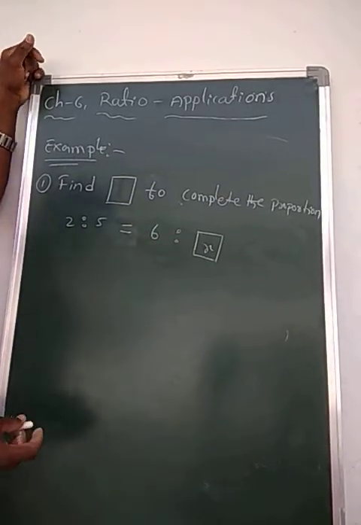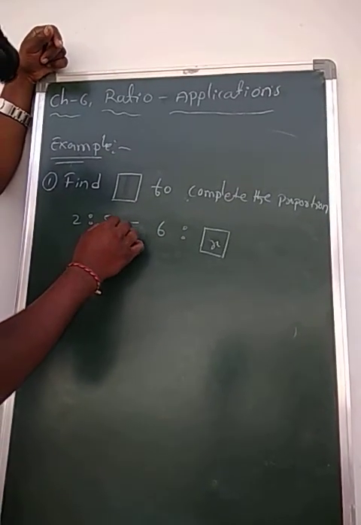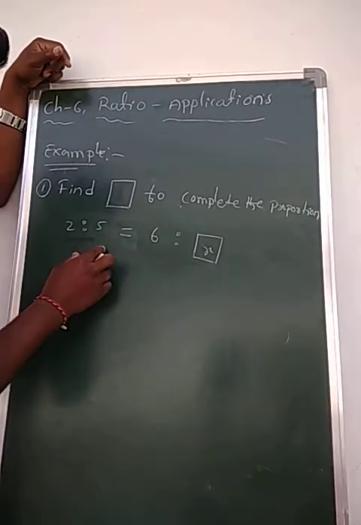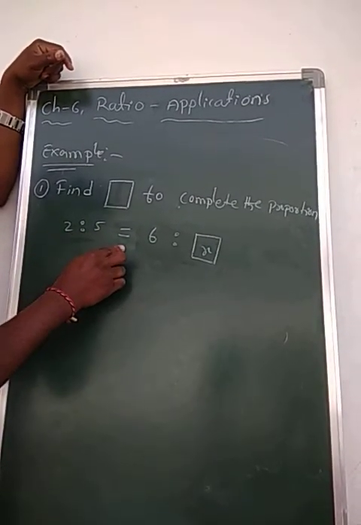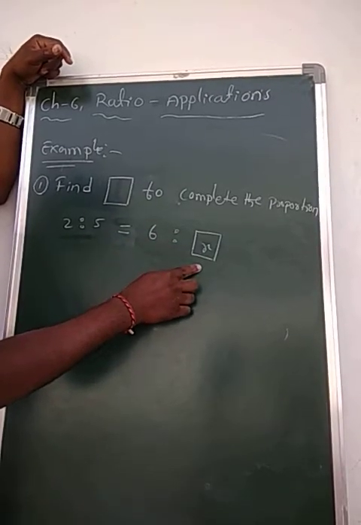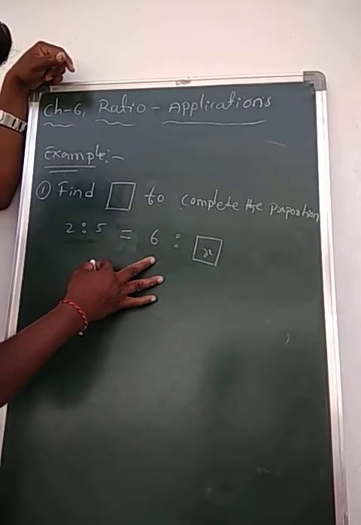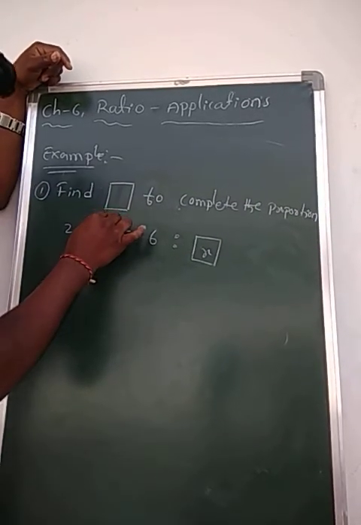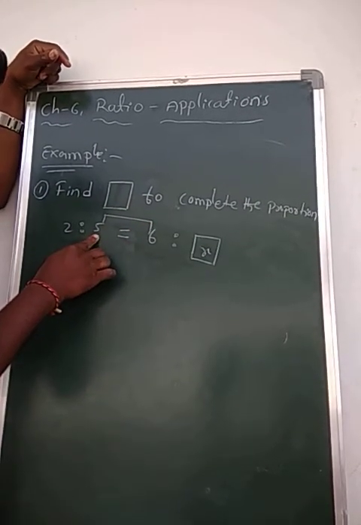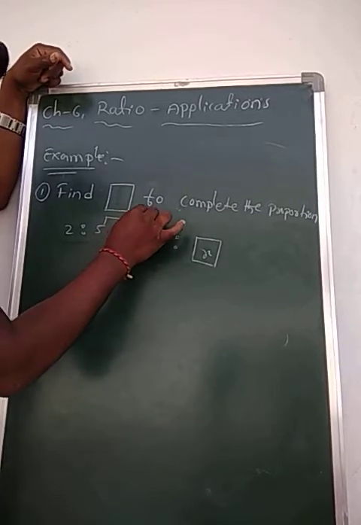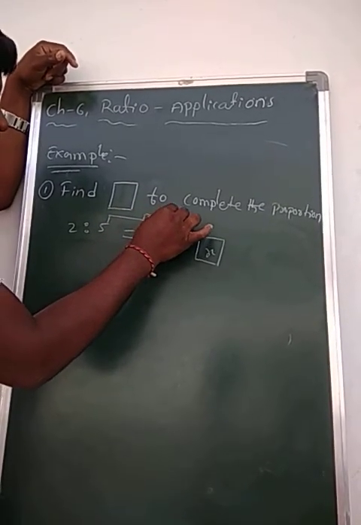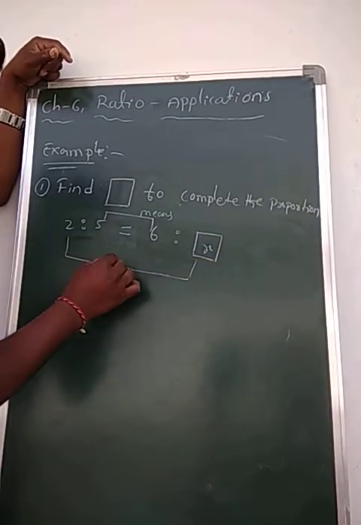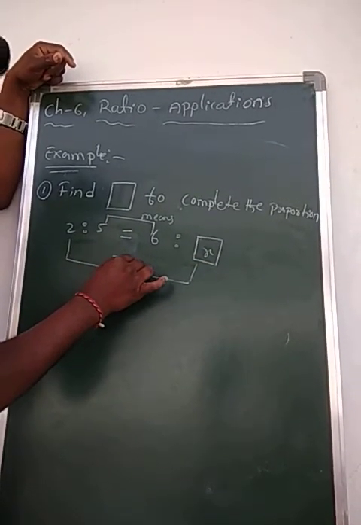These two ratios are equal, 2:5 is equals to 6:x, which means they are in proportion. The second term and third term are means. The first term and fourth term are extremes.